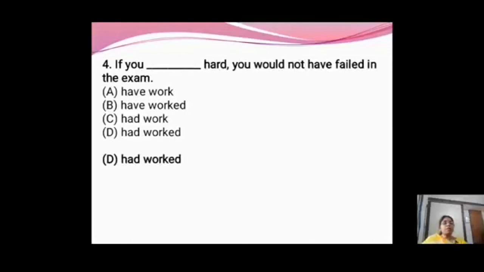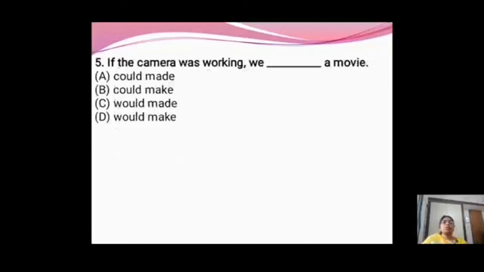For that particular action, we will use had. Had is used for the first action, right? If you had worked hard, you would not have failed in the exam. Is it clear? Right?